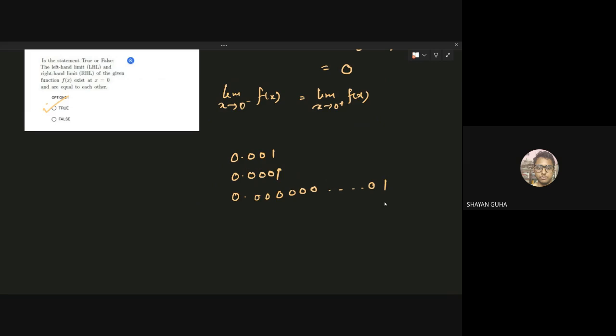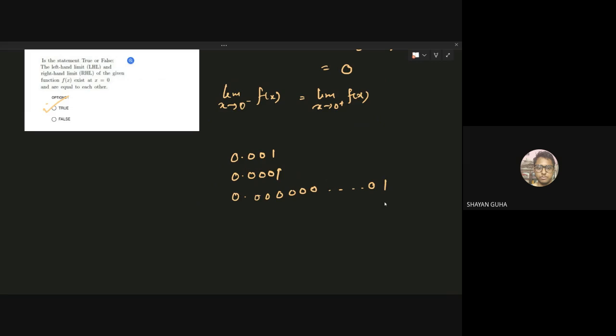Tending to 0 means that if we have the ability to imagine any number as close as that, it can be smaller than that. It can be smaller than that. So that's why it's a concept. It's not about mathematics here. No mathematics is happening till now.